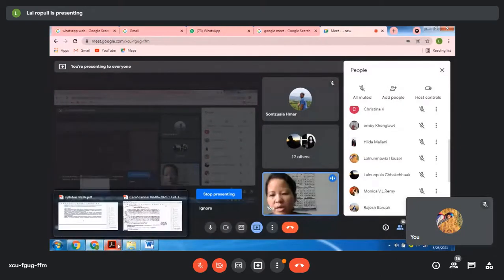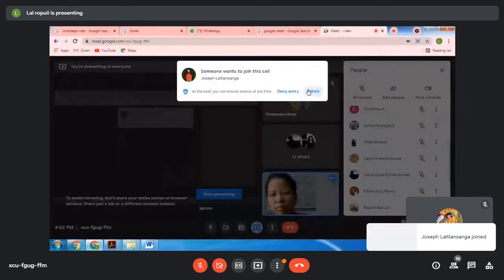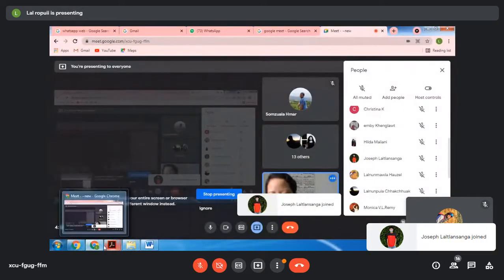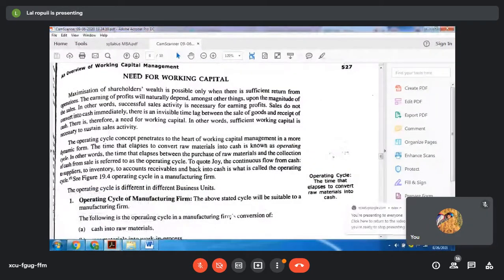The main aim of these shareholders, why they subscribe to the company's shares, is that they want to get sufficient return from their subscriptions of shares, right? So it is only possible when there is sufficient return from the operations.